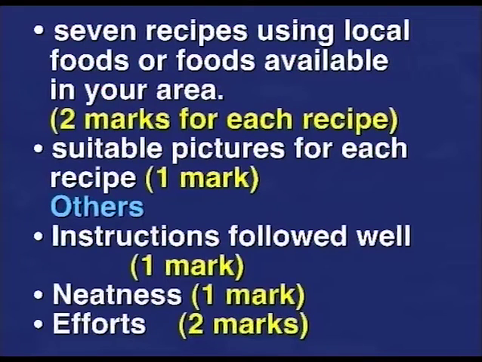Generally looking at the work the students have done or the efforts the students have put into that recipe book, you are also here to use as a criteria to see if the students have followed the instructions well to do that recipe book. And that is 1 mark. Also, the neatness of the work that the students have done, that is also 1 mark.